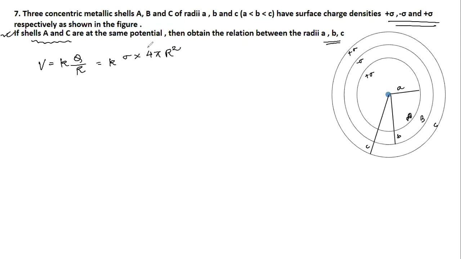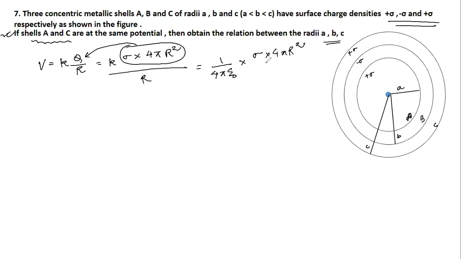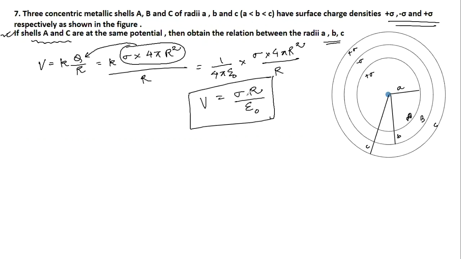When you multiply these two quantities, you get the charge uniformly distributed over the sphere. Dividing by R, and replacing K with 1 by 4 pi epsilon naught, 4 pi r square by r gives sigma r by epsilon naught. This is my electric potential in terms of surface charge density.